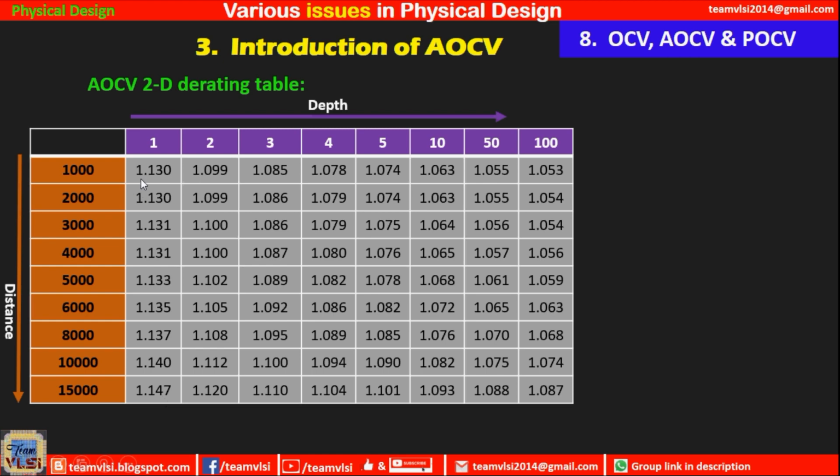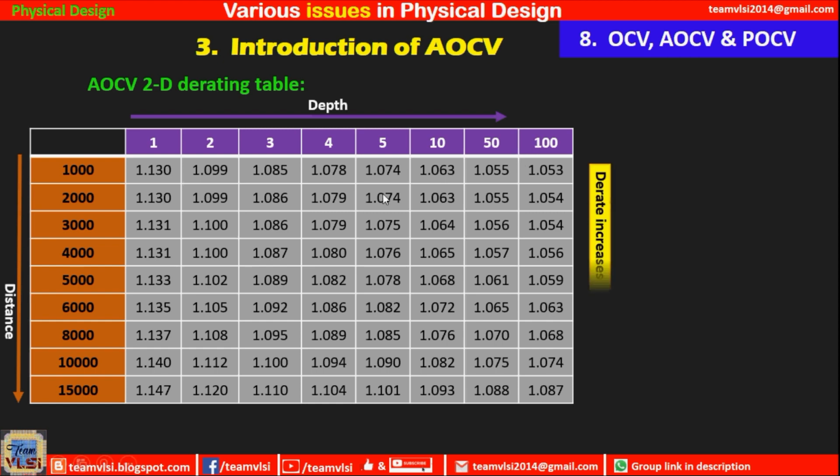You can see here, as we increase the distance, our derate factor is going to increase from 1.130, that is 13%, to 1.147, 14.7%. So in this direction, as distance increases, our derate value is going to increase, and in this direction, as our depth is increasing, our derate factor is going to decrease due to random variation cancellation.